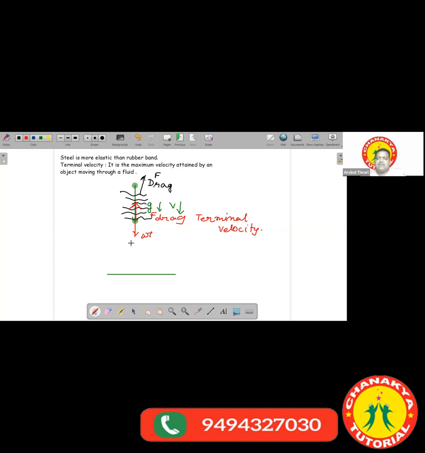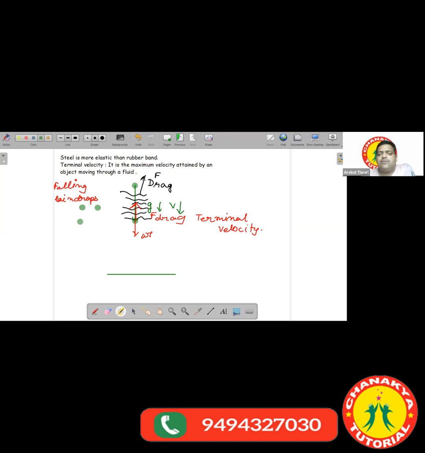Now, the same thing, if we apply to falling raindrops, we have falling raindrops here. Whatever raindrops are falling, we can consider them to be the same way.